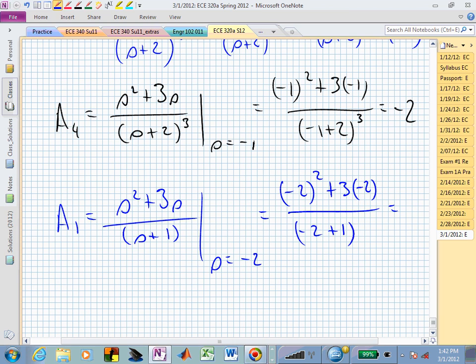And what's that one? So we have 4 minus 6, or minus 2, divided by minus 1, and we have 2. So now let's find a sub 2.